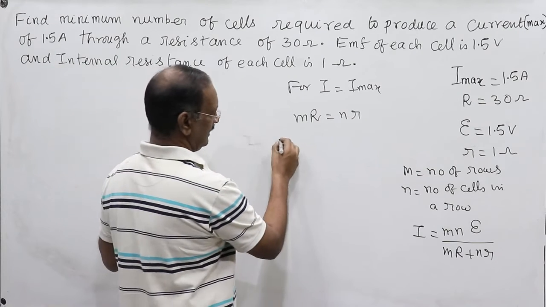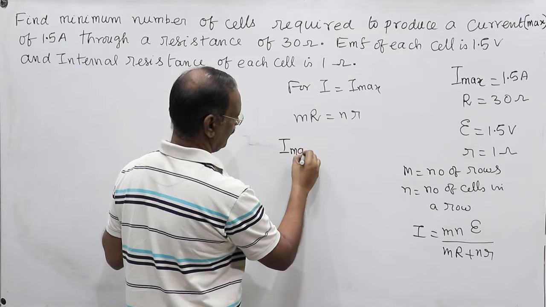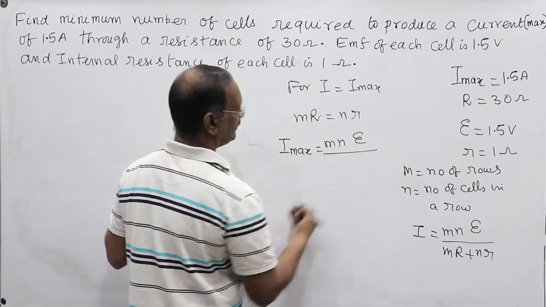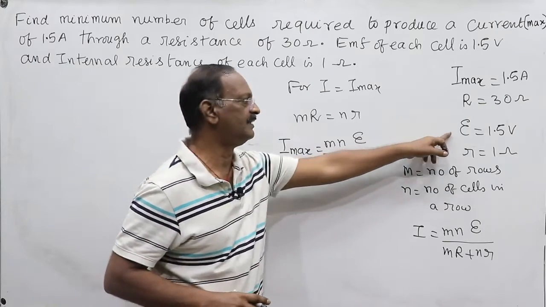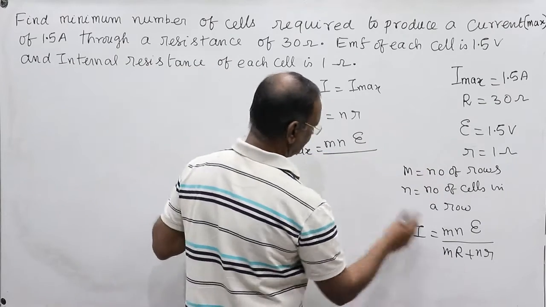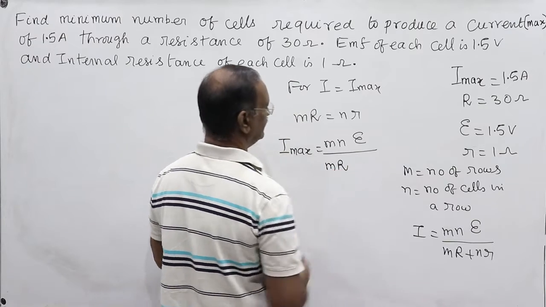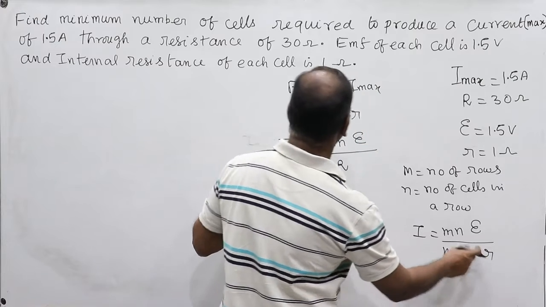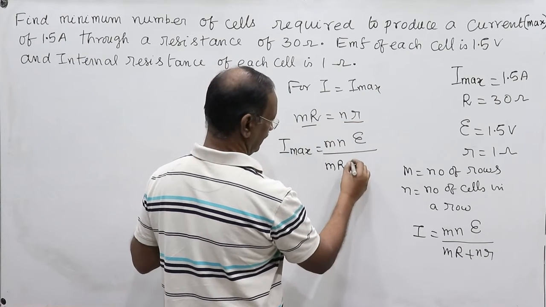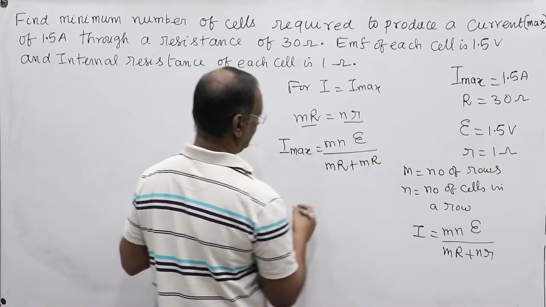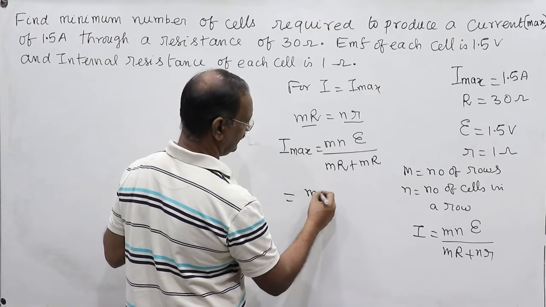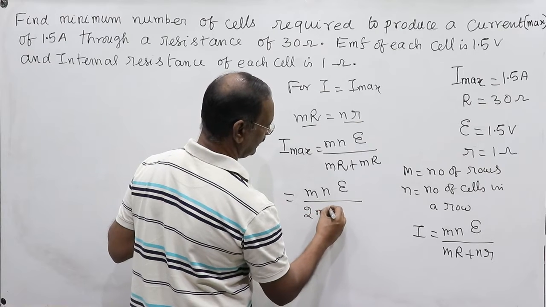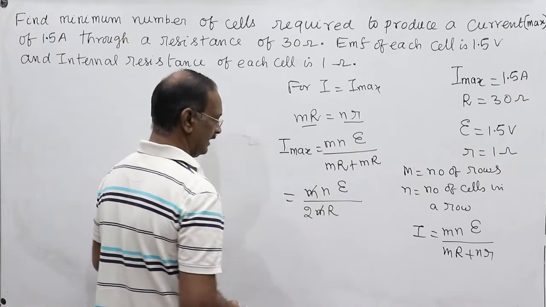So we can write I maximum equal to m n epsilon, where epsilon is the EMF of a single battery, divided by m r plus n r. In place of n r we can write m r plus m r, so this is m n epsilon divided by 2 m r. This we can cancel.